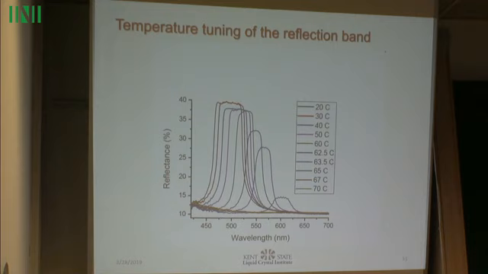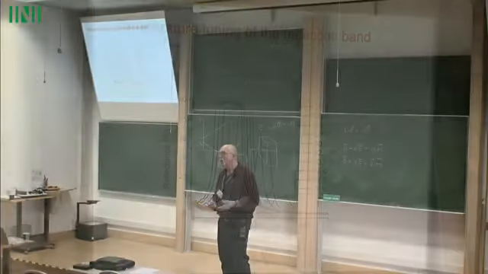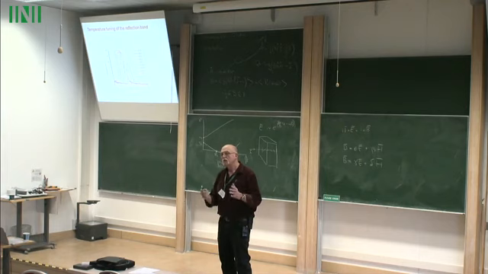So although that's one way to do it, it's not very good practically because it's hard to control accurately, and it's also kind of slow. So the question then is, what are other ways to do this? And that's what I want to talk about next, to make these heliconical materials where there are alternate ways of tuning the photonic band gap.